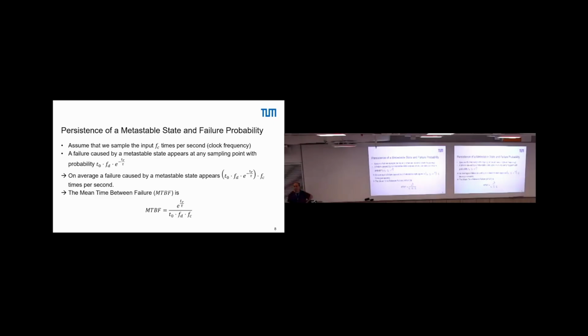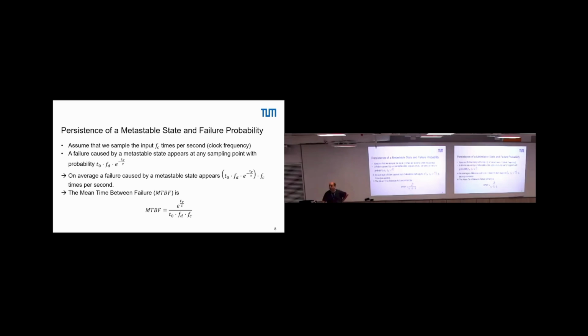And what was the solution to get a higher mean time between failure for our system? So assuming this is the mean time between failure that causes some logic error at the end, what was the idea?